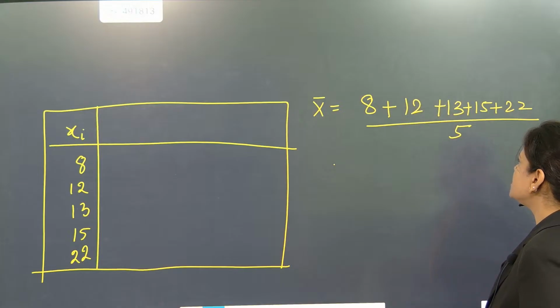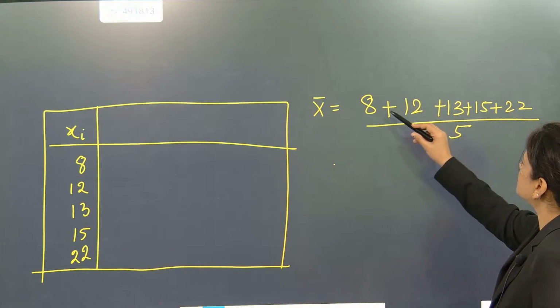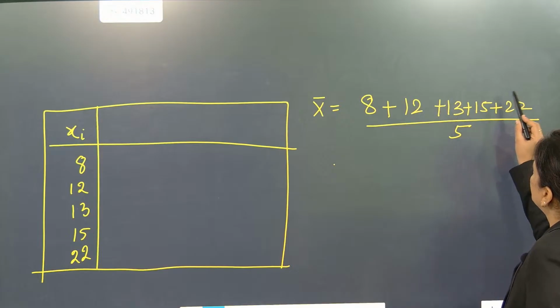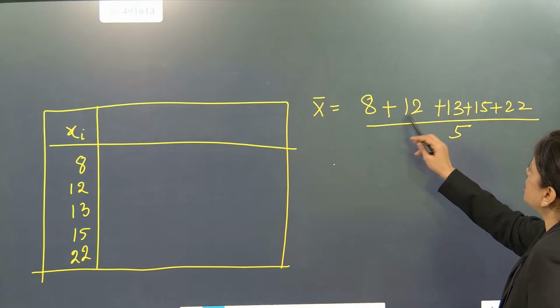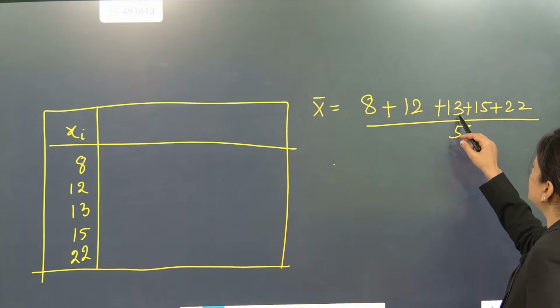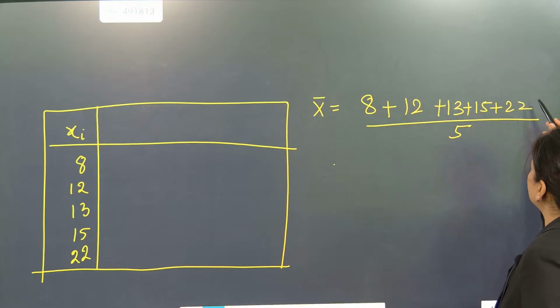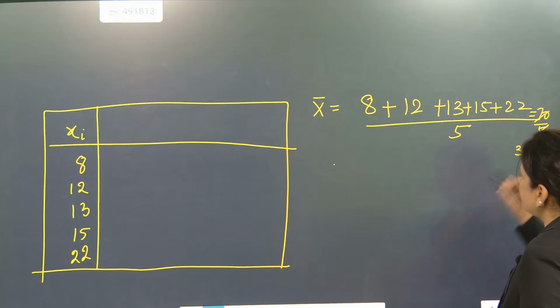So here how much is it coming? 20, 30, 33, 38, 48, 70. It is coming as 70 divided by 5. So it is coming as 35.